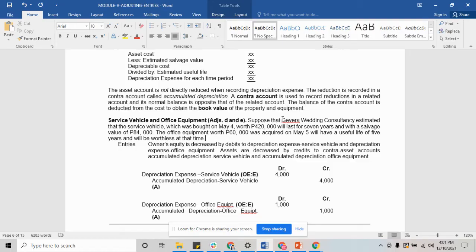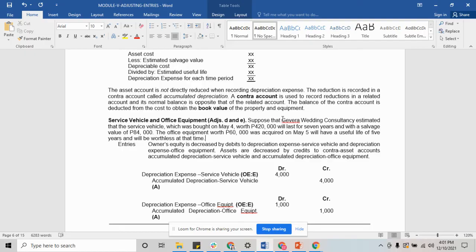So, for every month, we will be recording depreciation expense, service vehicle, 4,000 pesos. Credit accumulated depreciation, service vehicle, 4,000 pesos. Monthly yan. So, at the end of the year, you will be recording depreciation expense for service vehicle amounting to a total of 48,000.